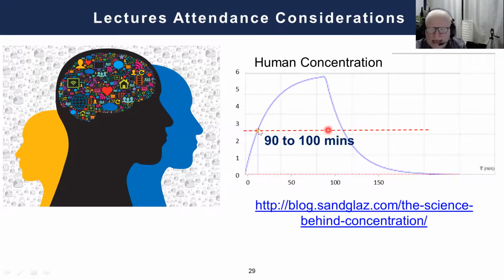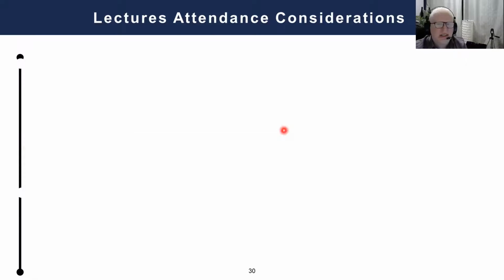The average acceptable concentration time is limited to 90 to 100 minutes. A normal person can stay concentrated in an event or a lecture for a maximum of 100 minutes. Accordingly, we are designing our lecture in this manner.